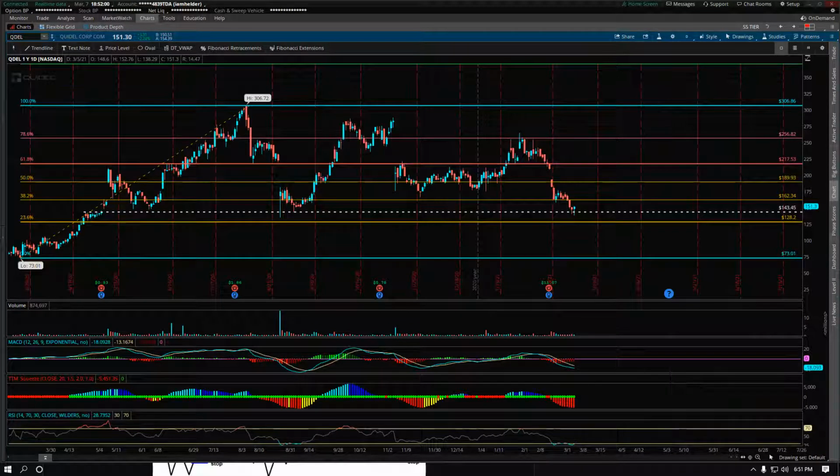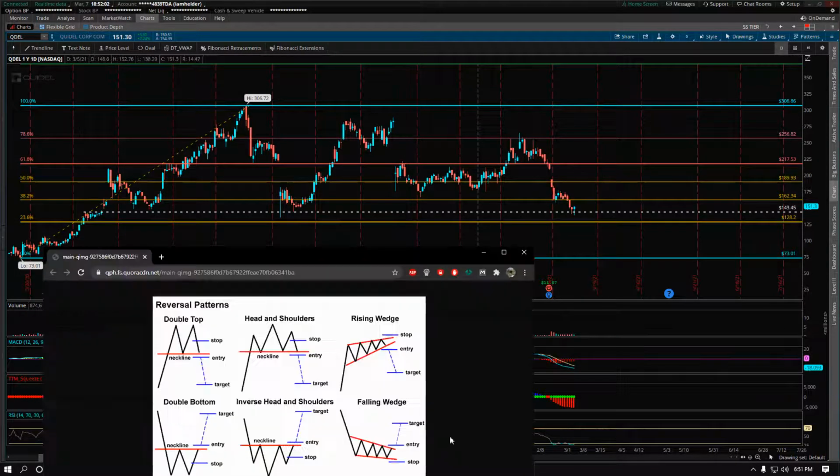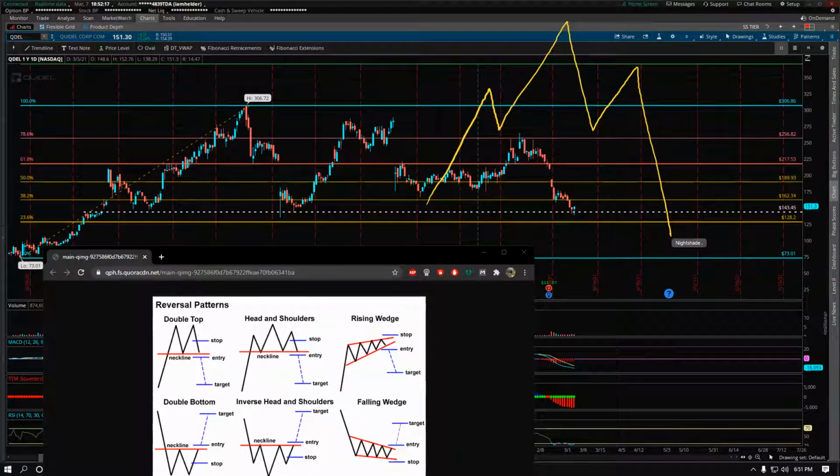These are formed on all different time frames, but basically, this chart kind of explains it. Anytime you have a stock showing this kind of pattern, you want to be very careful of it.